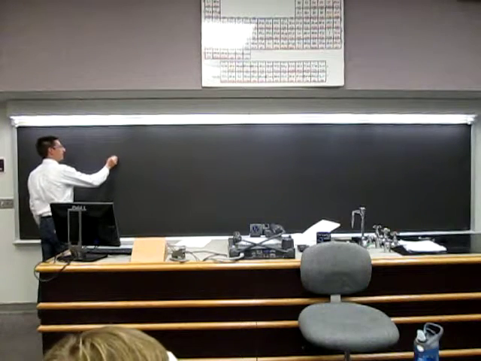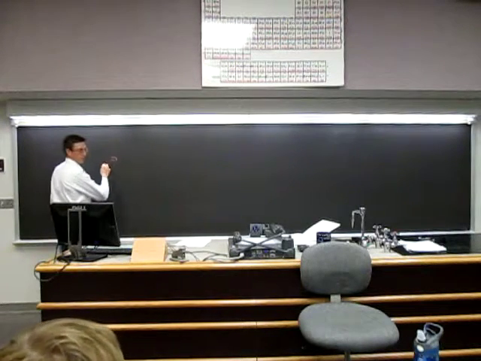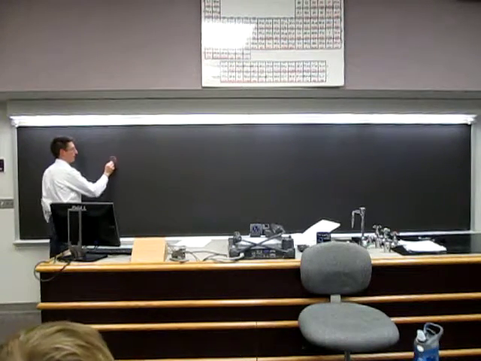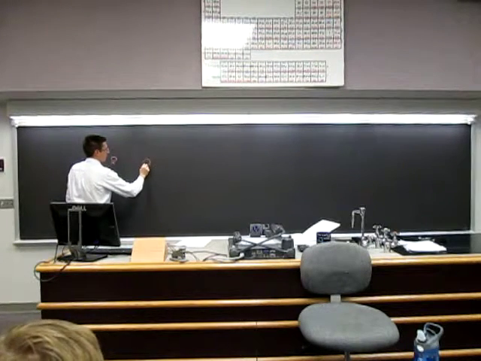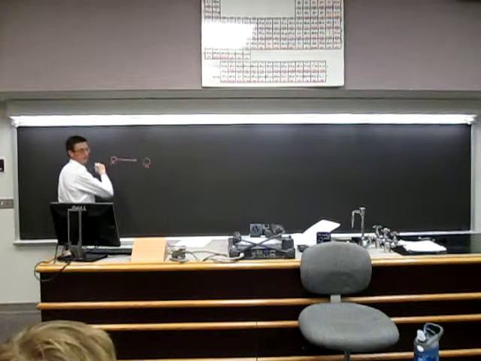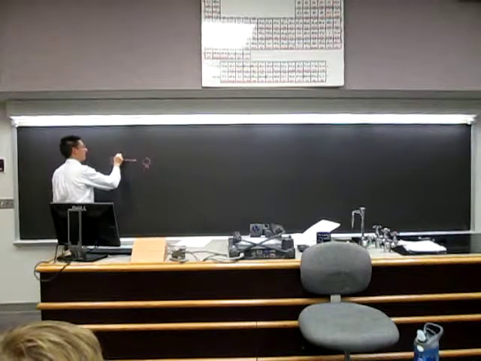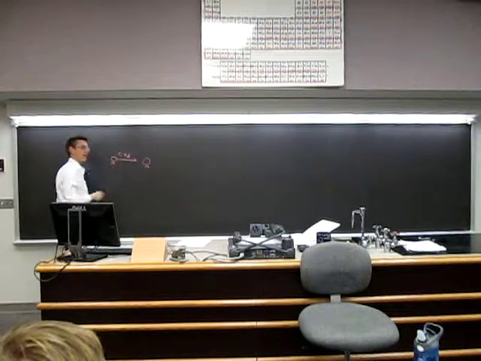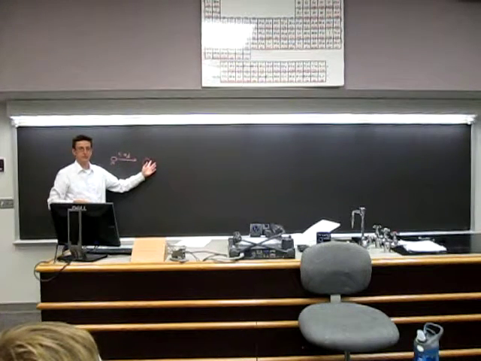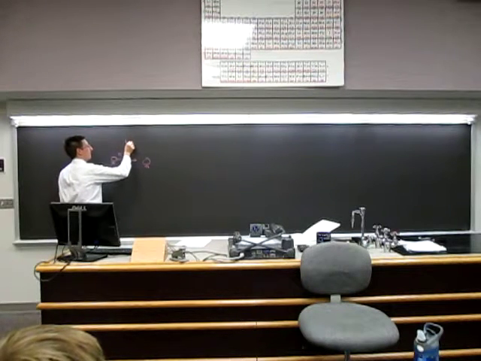So the idea was that I had a pool ball, or just some ball of mass M, going at 5 meters per second, and it hits another ball. This is before the collision.